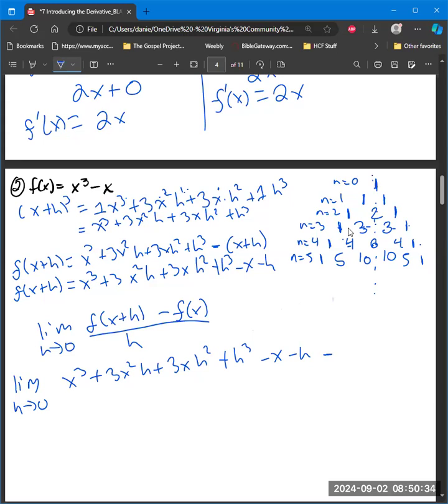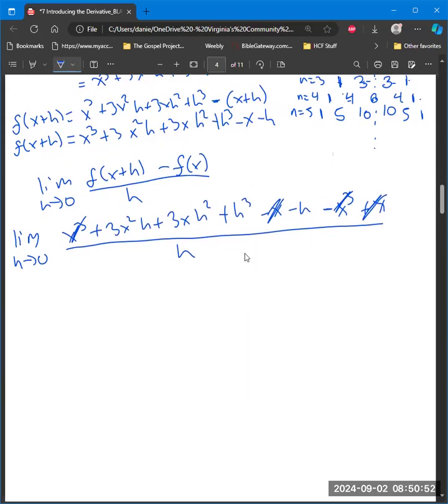And then we have minus x cubed plus x because we subtract the original by changing the signs and adding. And that will make x cubed minus x cubed 0, and then negative x plus x is 0. All my terms without h have dropped out.